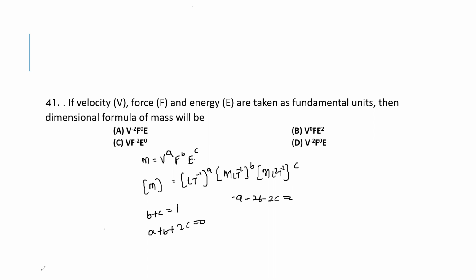If we simplify these equations, we get A is equal to minus 2, B is equal to 0 and C is equal to 1.